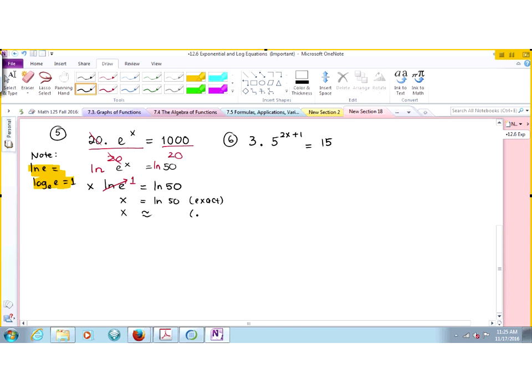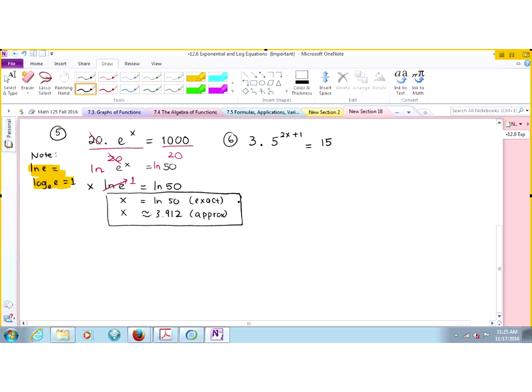Can you give me an approximate? What is it approximately? 3.912, sorry. This is using a calculator. Which one is required? Both. So you need to be able to get the exact answer and use your calculator.